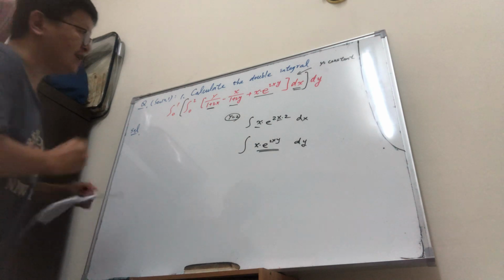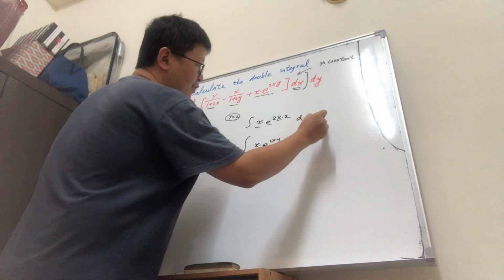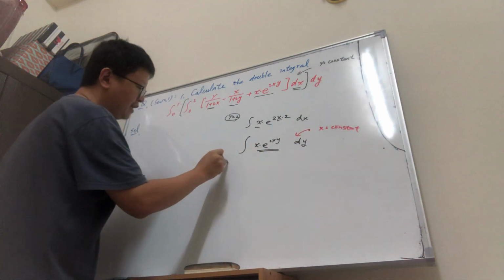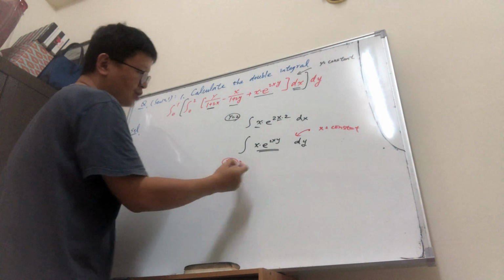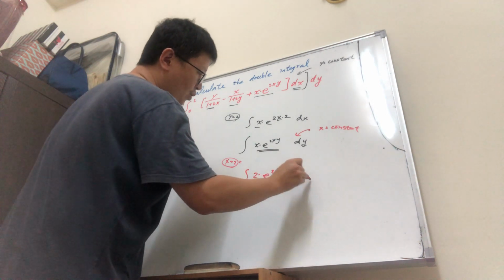The reason is that if we integrate by y, then we view x as a constant. So this question is something like the case where, if we let the constant be 2, it's 2 times exponential 2y dy.